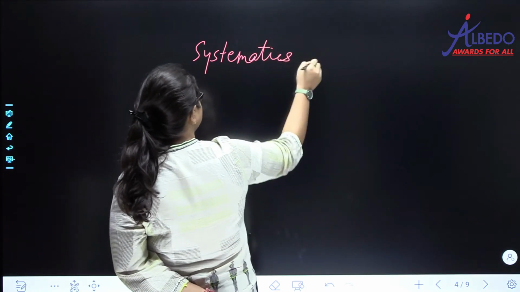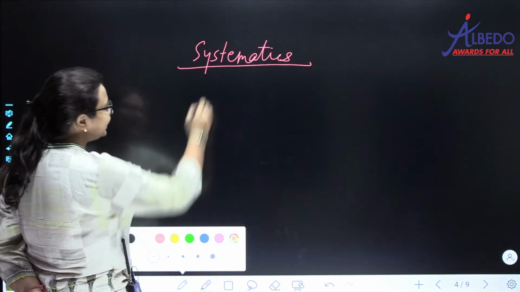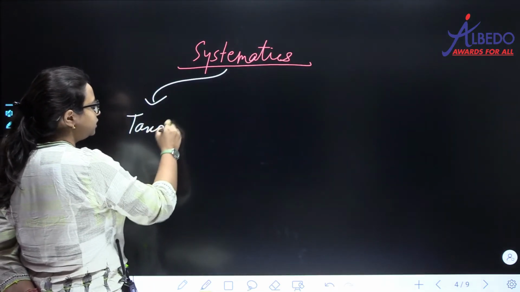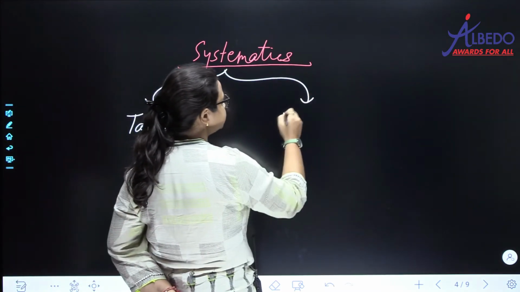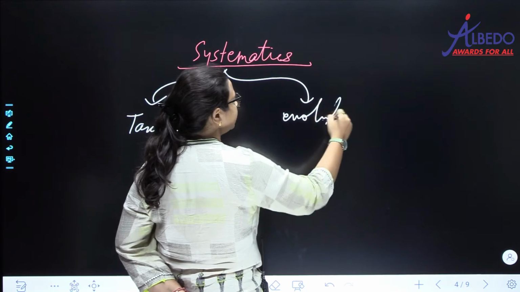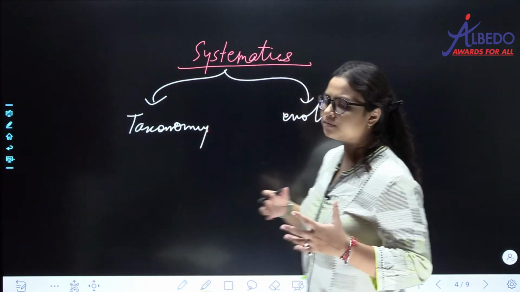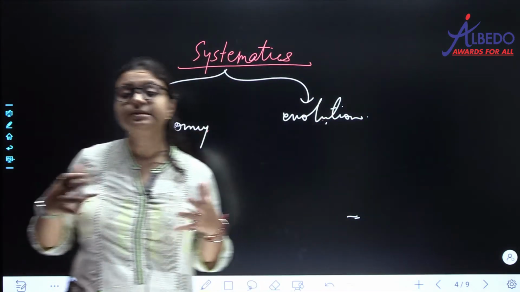That is systematics. What do you mean by systematics? When you add evolutionary relationships to taxonomy, है ना. Taxonomy is just the study of biodiversity, है ना. Studying of organisms is biodiversity.